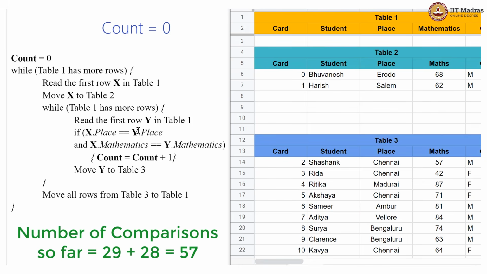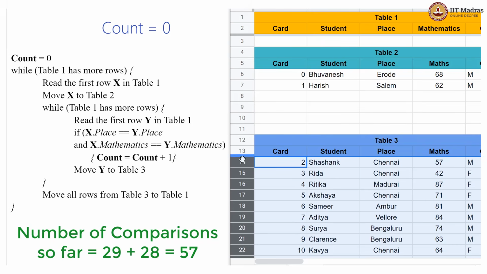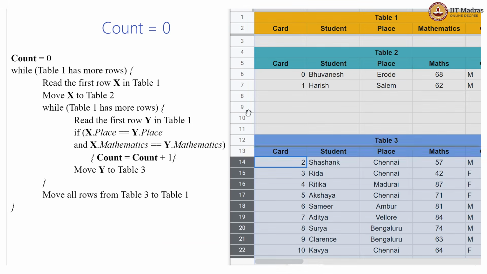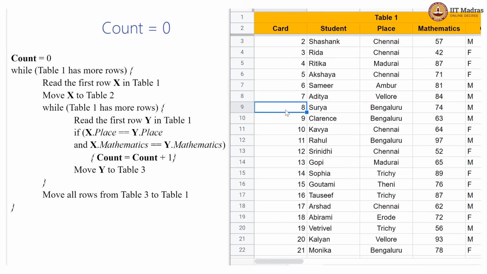Now table 1 is empty again, so we move all these rows back to table 1. Now again the first row X in this table is this, where we have Chennai as the place.